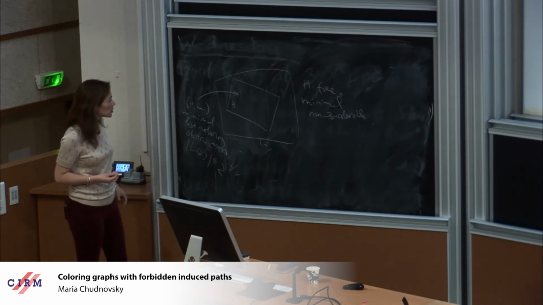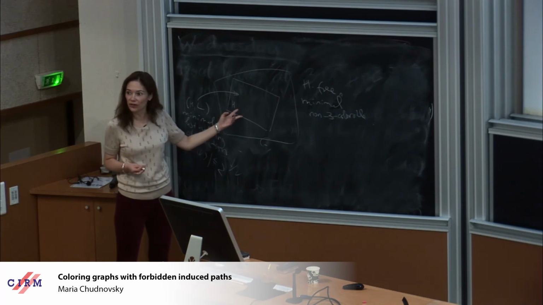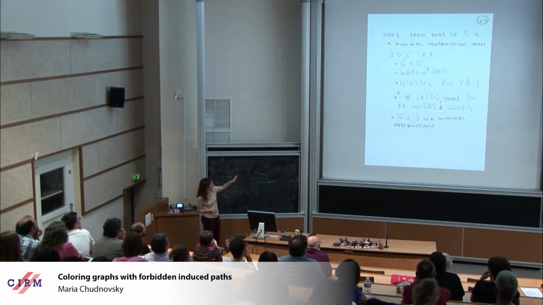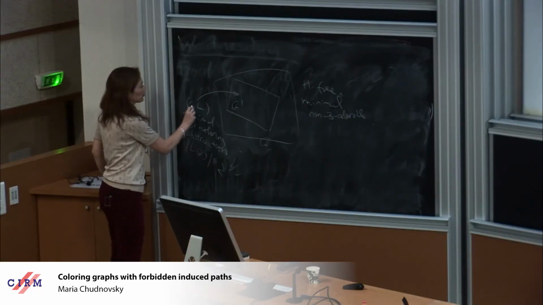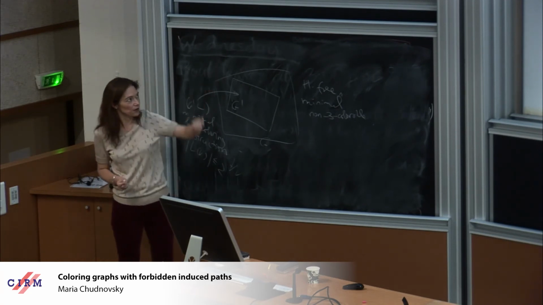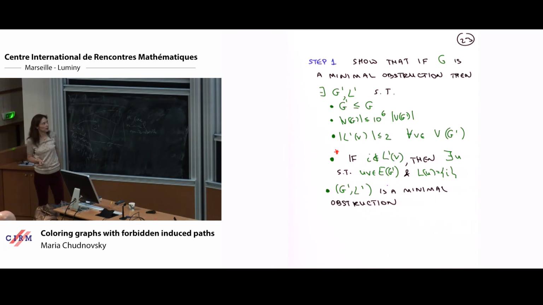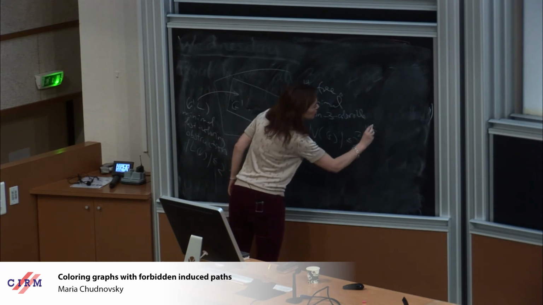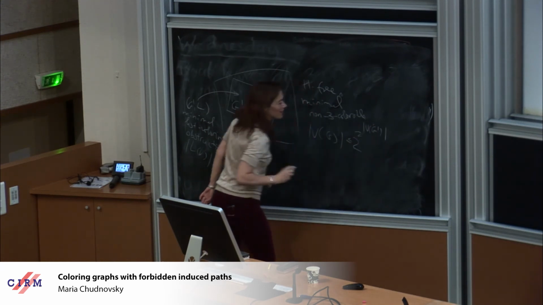But additionally, I want to say that H is not much smaller than the graph I started with. So there it says, so I'm sorry, in my slide I call it G prime, so I'm going to call it G prime here also. So there it says the size of G is at most a constant times the size of G prime. That's a lie. What it should say is V of G is at most, let's say, 2 to the 2 to the V of G prime, just to be safe.